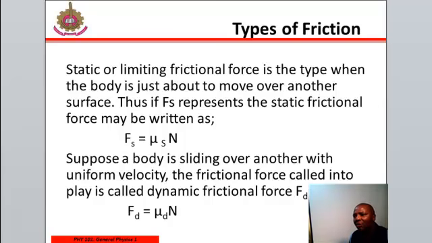Thus, if F suffix s represents the static frictional force, then the static frictional force can be written as Fs equal to mu suffix s multiplied by N. Suppose a body is sliding over another with uniform velocity. The frictional force called into play is called dynamic frictional force, represented as F suffix d, and is given as mu N.